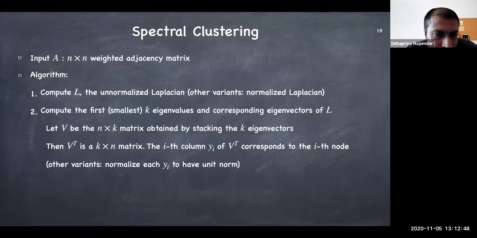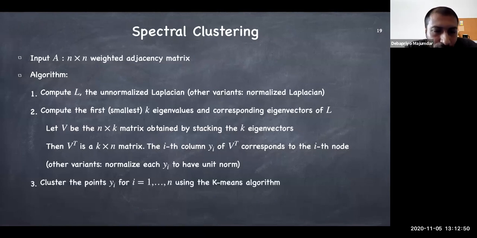And then cluster the points using the k-means algorithm. This is Euclidean space already, so you can actually cluster them using k-means. Also, you clearly know what your k should be. This is actually a very good way of doing it.